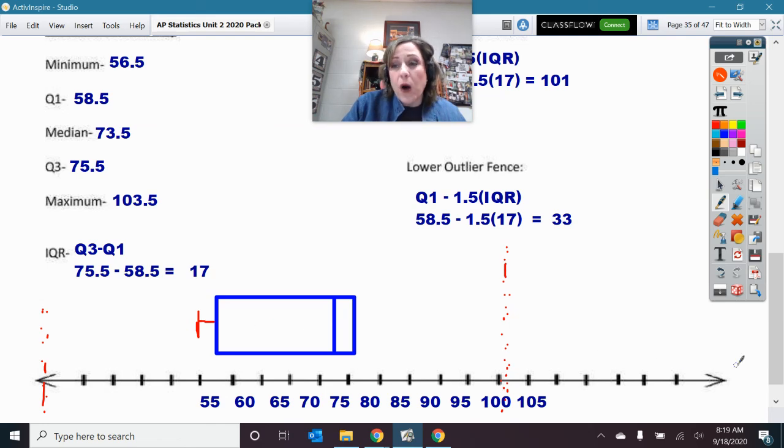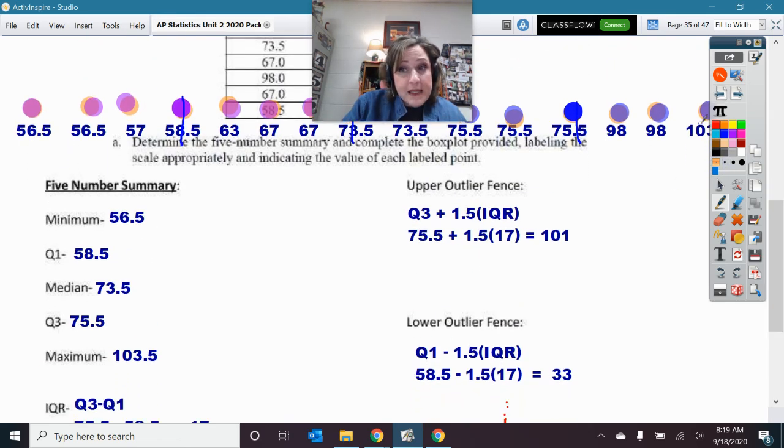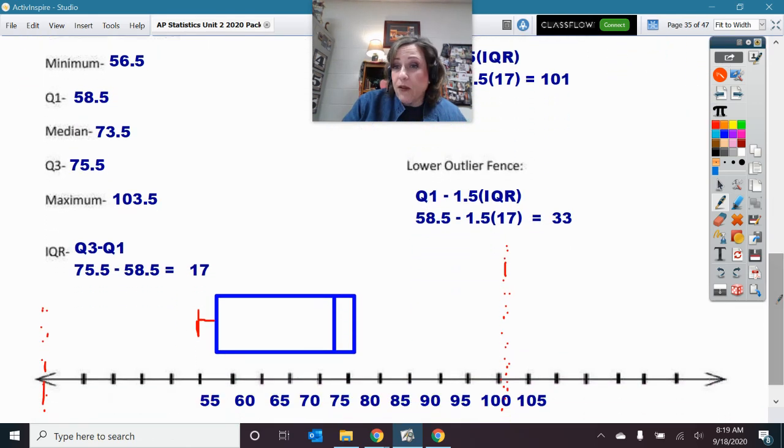Now, on the top side, however, we do have a number that is above 101. So that means we have got an outlier. And outliers are represented by a dot. Okay? And so what we're going to do is we're going to put a dot there for our 103.5, and we'll label it here in a minute. And this is very important because this is a very common mistake.